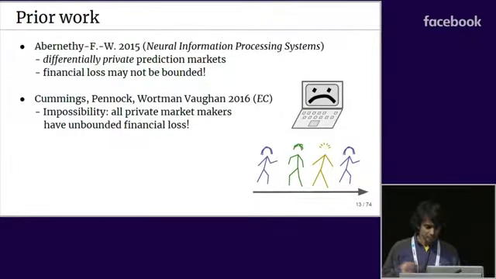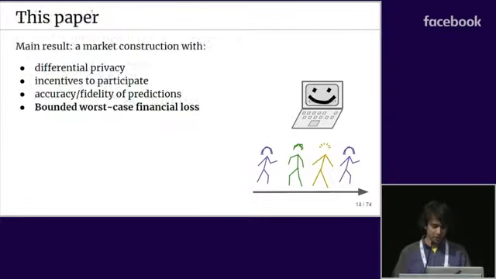So what do we do in this paper? In short, we sidestep this impossibility by going a little bit outside this standard framework, which I can tell you about when you come to the poster. We end up with something that we like a lot because it seems to satisfy all the properties we want for any mechanism that's gathering information and making predictions about a future event.